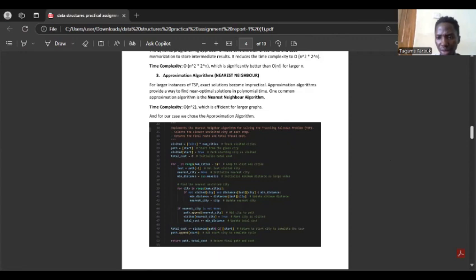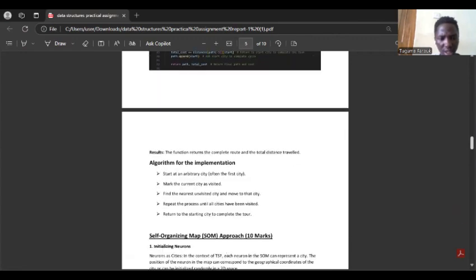Basically, our algorithm works like this: we start at an arbitrary city and mark the current city as visited. Then we find the nearest unvisited city and move to that city, and also mark it as visited.